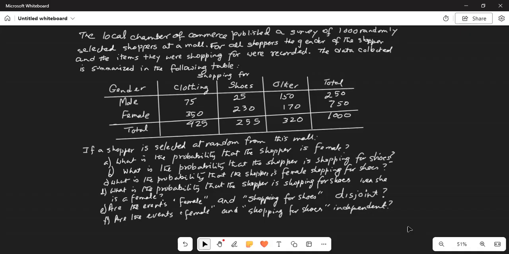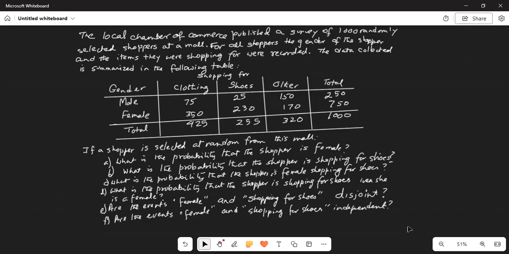In the third row, you have the total of all categories like clothing, shoes, and other. In the last column on the extreme right, you have the total of male and total of female. If you add the male and female numbers together, you get the sample size of 1,000.